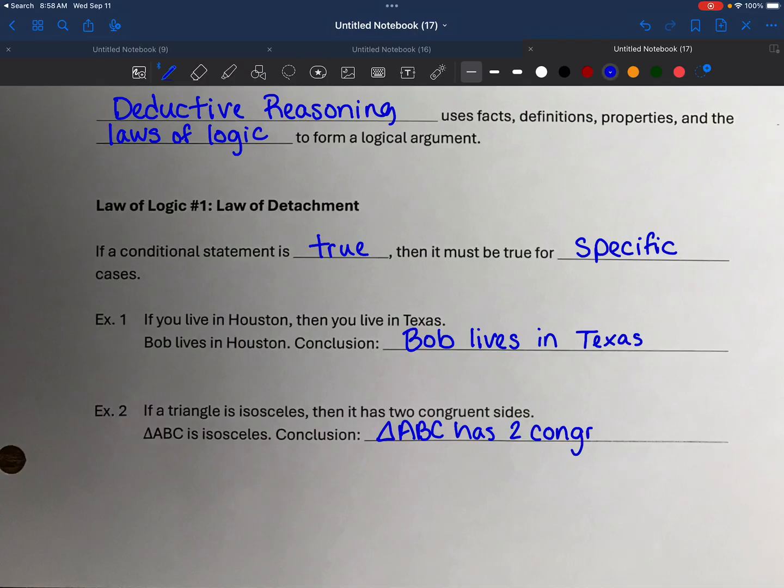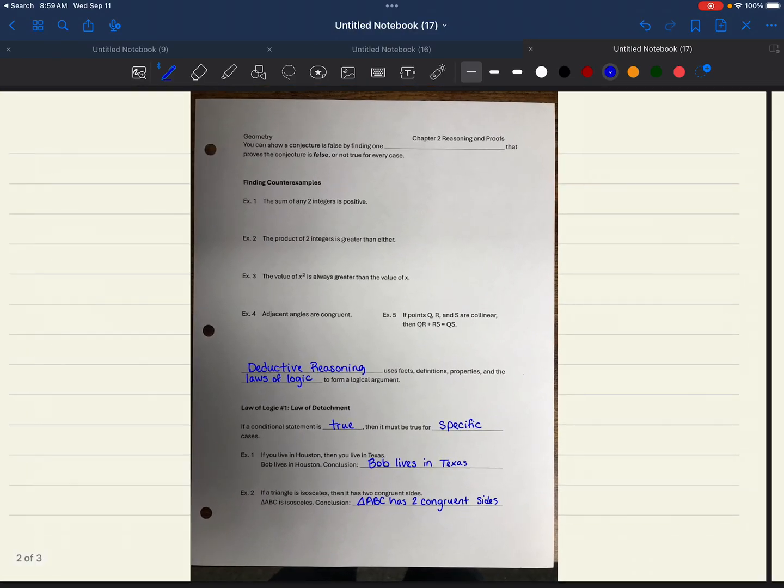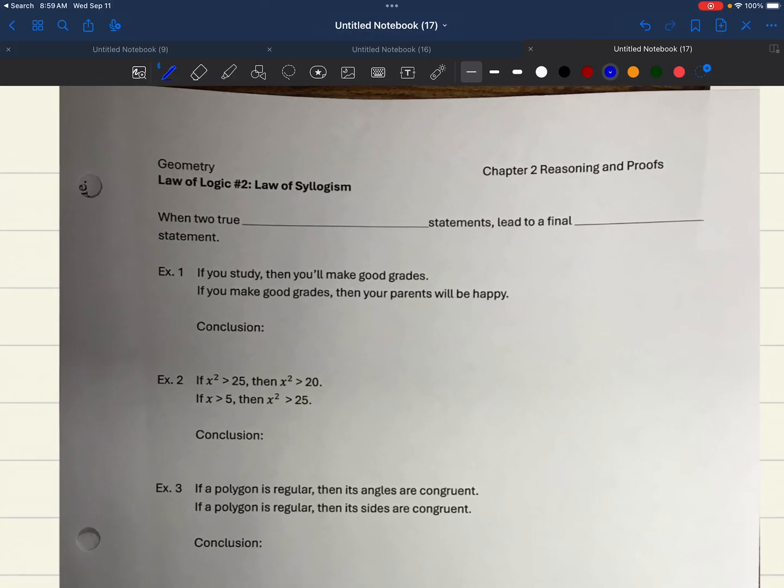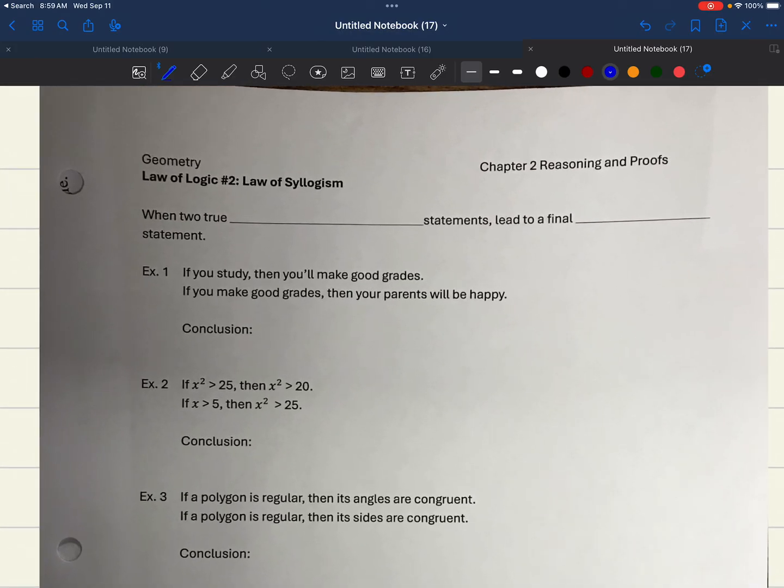Two congruent sides, good. Triangle ABC has two congruent sides. Okay, these are pretty straightforward, yes? Law of detachment is a little more simple.